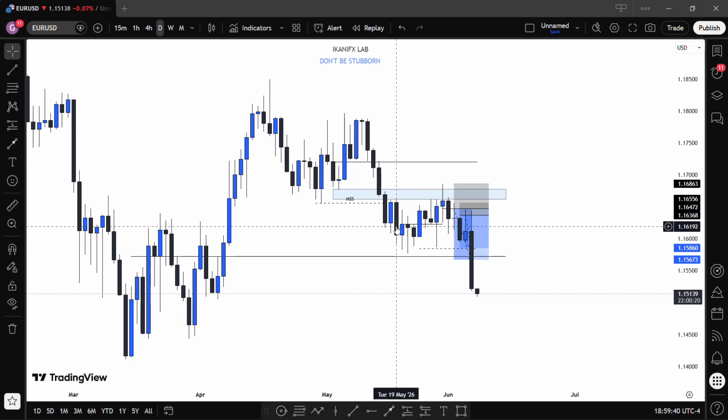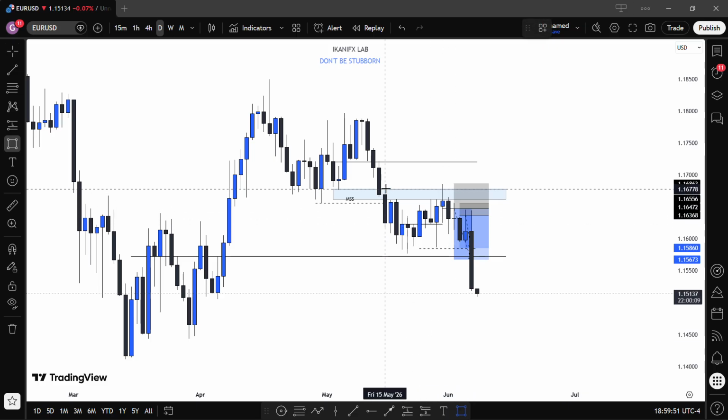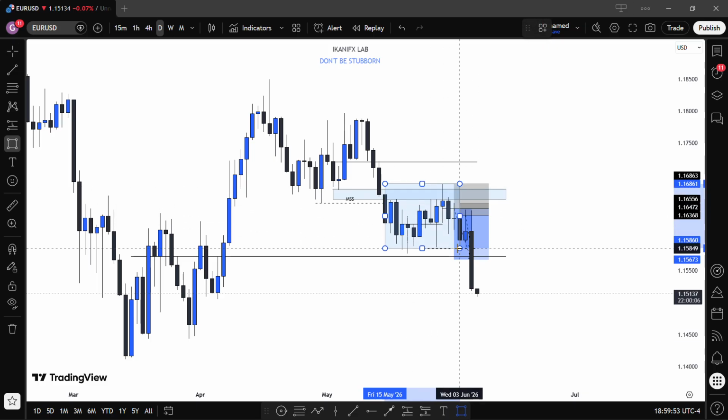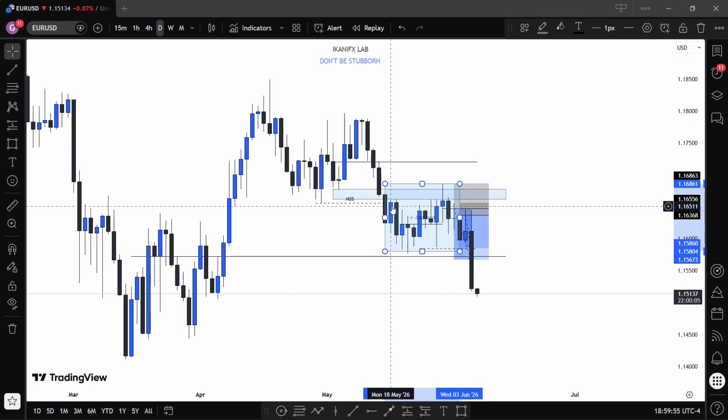It broke below, kept on breaking below, and for some days we could see the market rejecting, just consolidating around 10 days. We see 1, 2, 3, 4, 5, 6, 7, 8, 9, 10, 11.